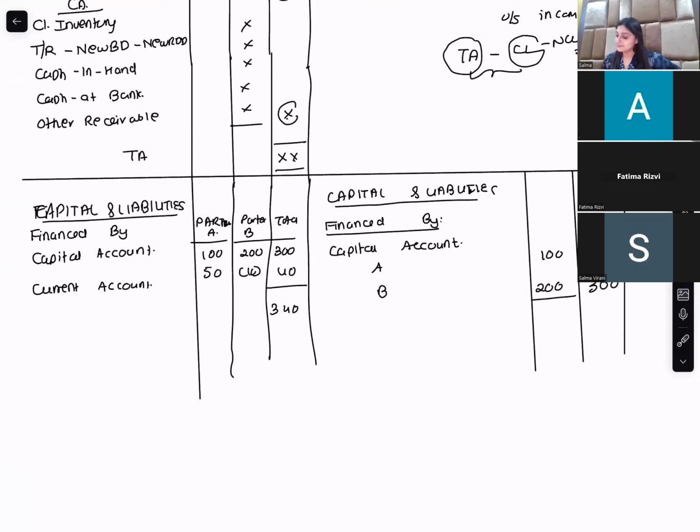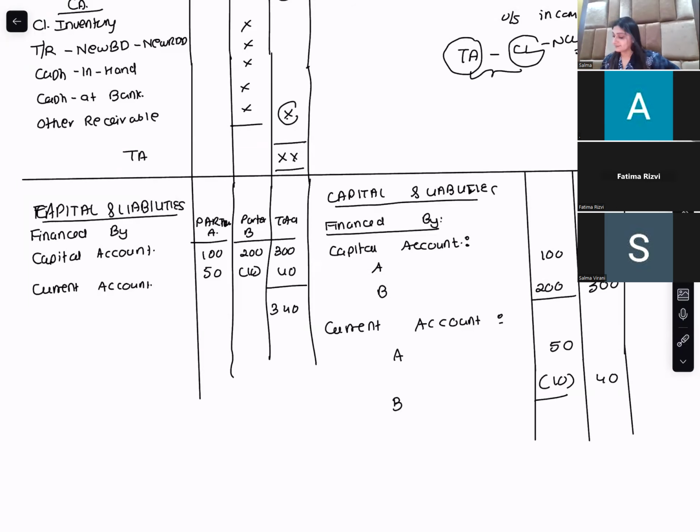Are you with me? Yes, miss. And for the current account, we will again write, I'll put 2 dots over here. I'll write A and B. 50 was the credit balance of the current account. 10 was the debit balance of the current account.